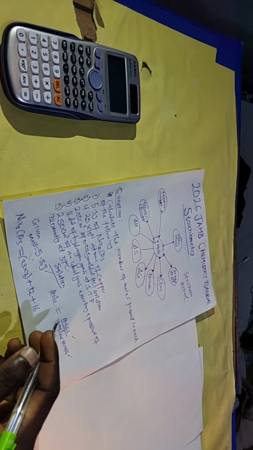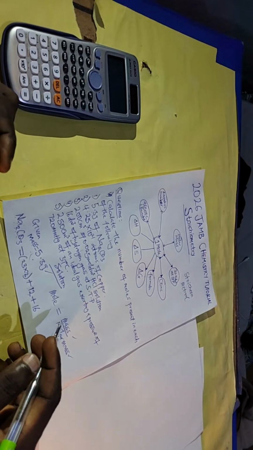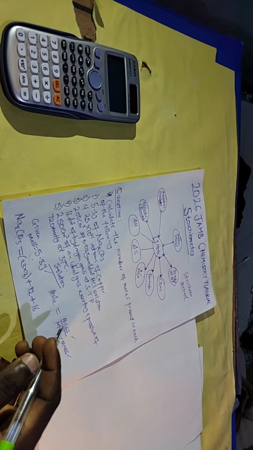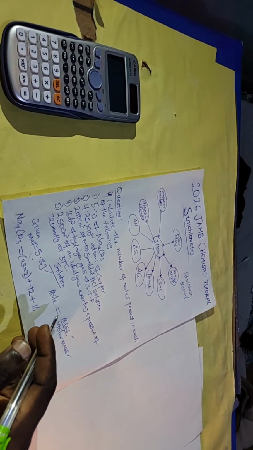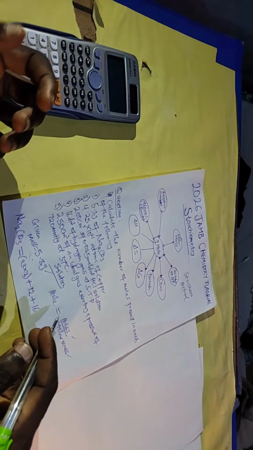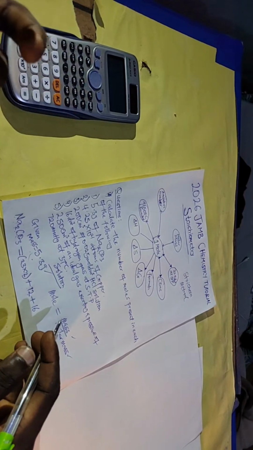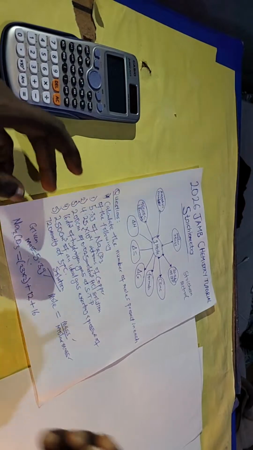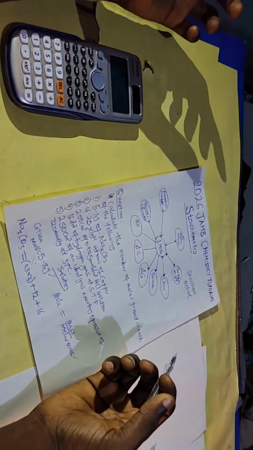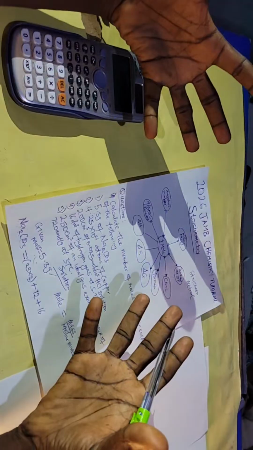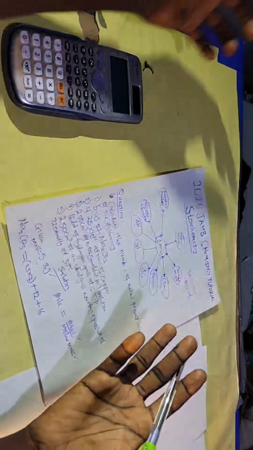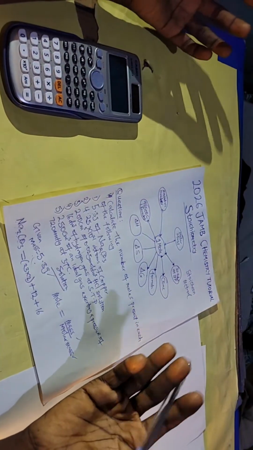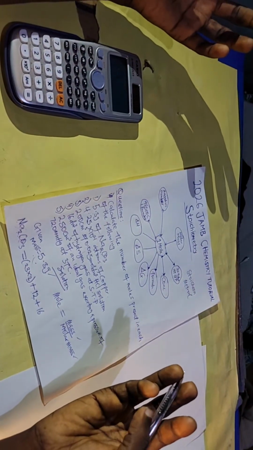One of the ways you can easily know is that, although it's not applicable to all of them, take note, it's not applicable to all of them. If you want to find the mass number of an element, one of the easiest ways, especially for elements within the first 20 elements, like calcium, is to just multiply the atomic number by 2.